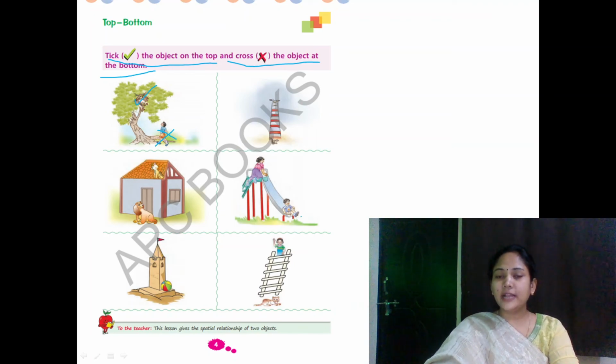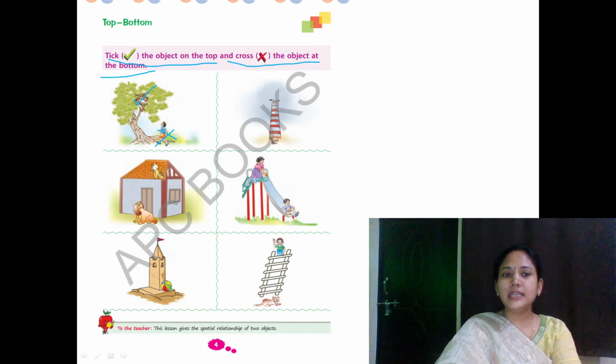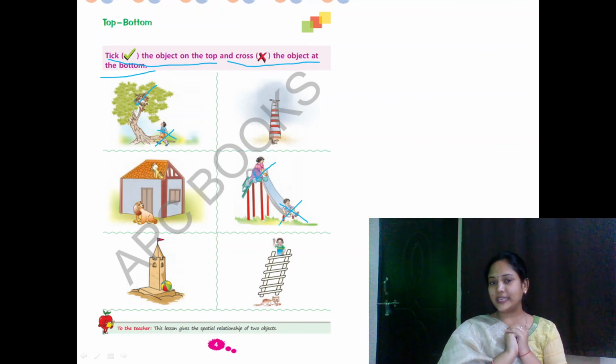Now can you tell me who is at the top and who is at the bottom? Yes, children, the girl is at the top of the slide, so I will tick her, and the boy is at the bottom, so I will cross him. Now the other questions you will solve and send it to me and we will check our answers.